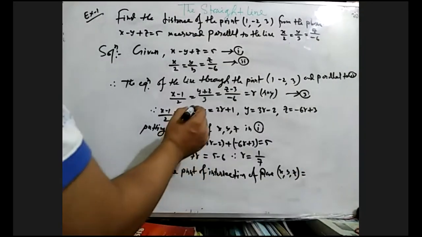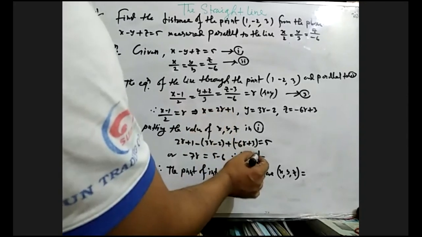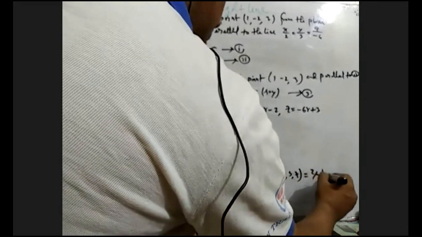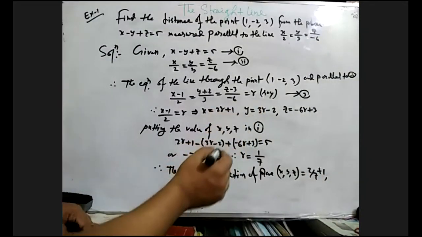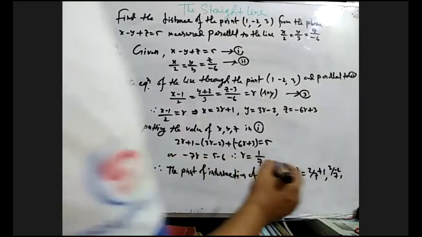That means x equals twice R plus 1, that is 2 into 1 by 7 plus 1, that means 2 by 7 plus 1. Then the y value will be 3 by 7 minus 2. And another point, minus 6 by 7 plus 3.